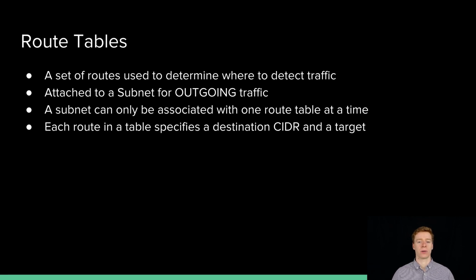Or, okay, this outbound traffic is for a different subnet, so I'm going to send it over to the other subnet. We're going to have a look at this in more detail in the tutorial, where we'll set up some different route tables and show how public and private subnets work.